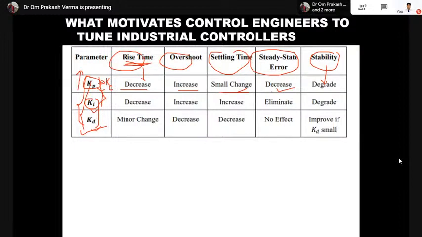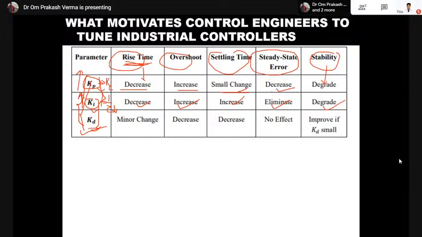So KI is nothing but 1 upon tau I. If you are increasing the KI, it means you are decreasing the tau I. So as we increase the KI, the rise time decreases, the overshoot increases, settling time increases, the steady state error is eliminated, and the stability degrades.